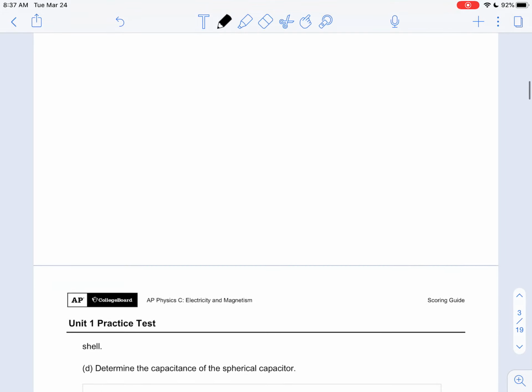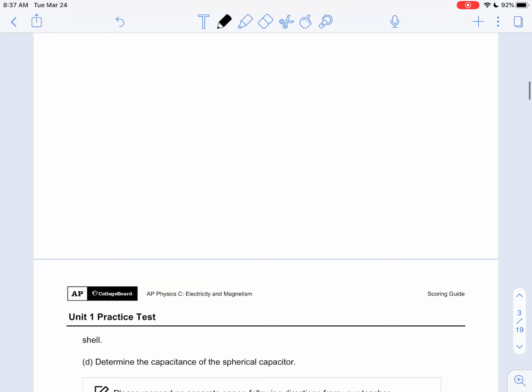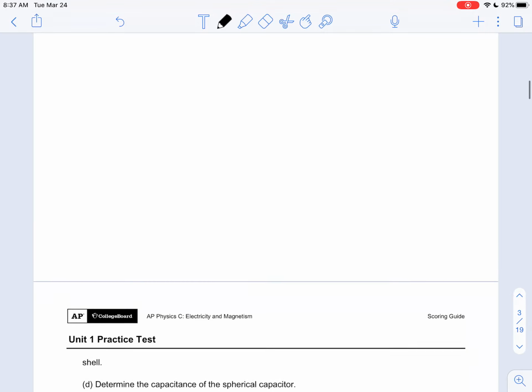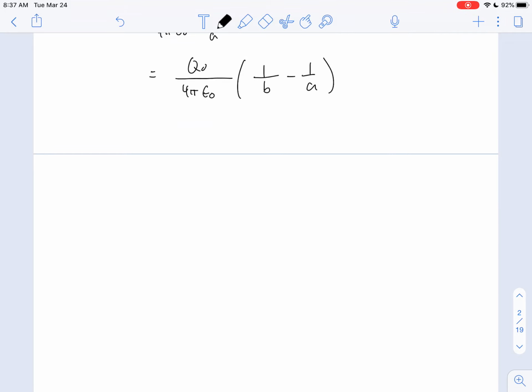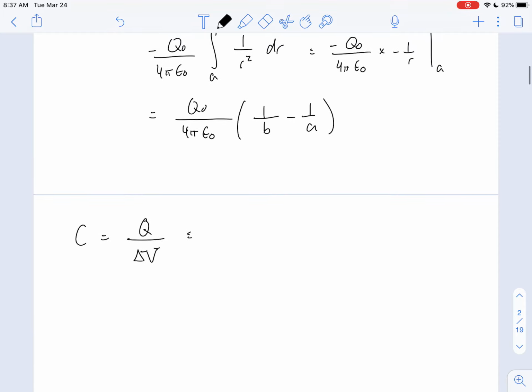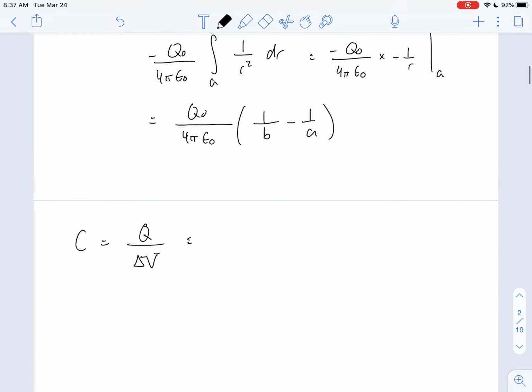Okay, last part. Part D, determine the capacitance of the spherical capacitor. So we are wanting C, capacitance, and capacitance is equal to charge over delta V. And so we're just going to do the charge that we have, which is Q naught, over the delta V that we just found.